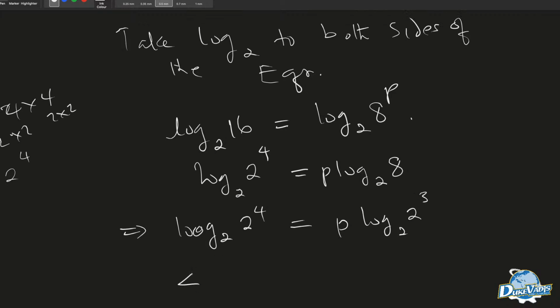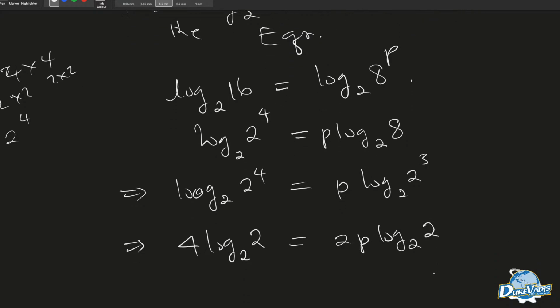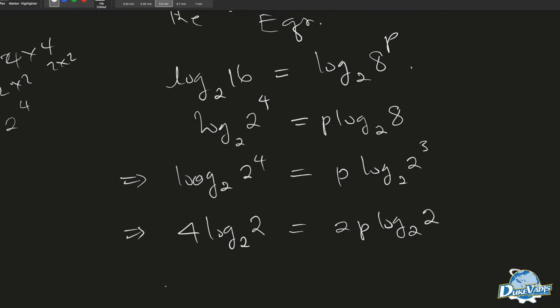So this will be 4 log 2 base 2, which is equal to 3p log 2 base 2. We know that log 2 base 2 will give us 1.